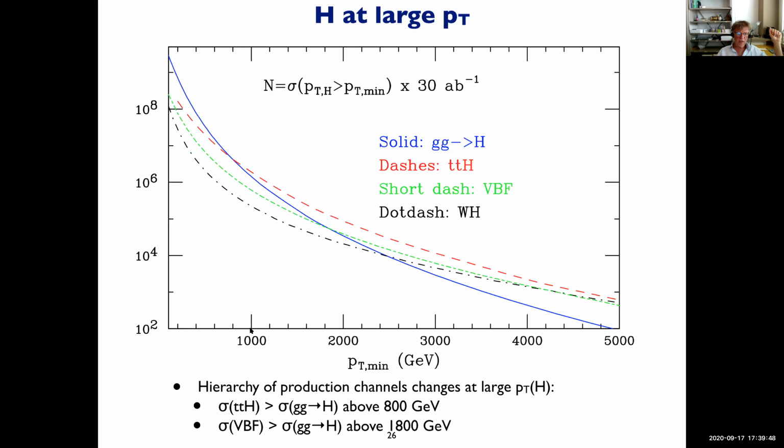For example, if we take 1 TeV, you see we're talking about over 1 million Higgs bosons produced with a PT larger than 1 TeV for the gluon to Higgs final state, or for the t t-bar plus Higgs, the associated production of the t t-bar and a Higgs boson. And you see the rates extend all the way up to several TeVs.